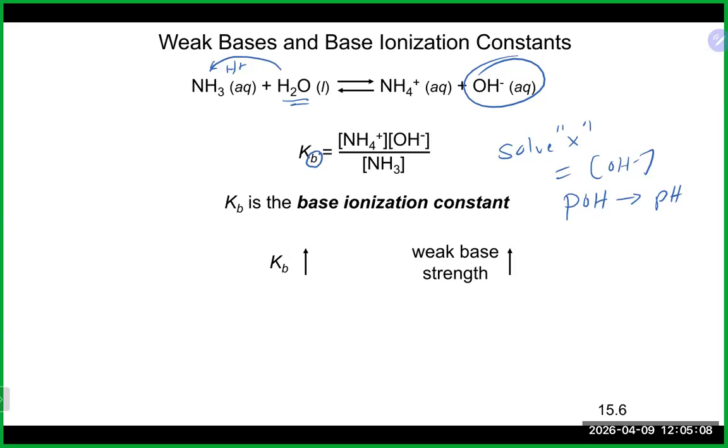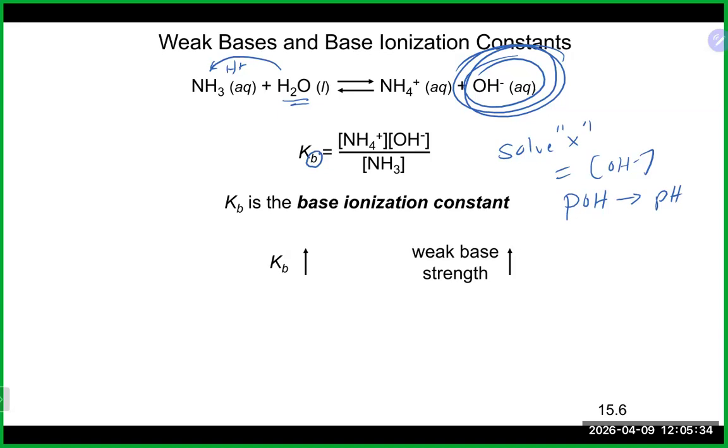Just like our Ka values, as the Kb value increases, so does the strength of the weak base. And it's really the same reason. A higher K value means we have more products at equilibrium. Because we have more products at equilibrium, that would mean we have more OH minus freely floating around in the solution, and that would be a stronger weak base, obviously, in comparison of one weak base to another.